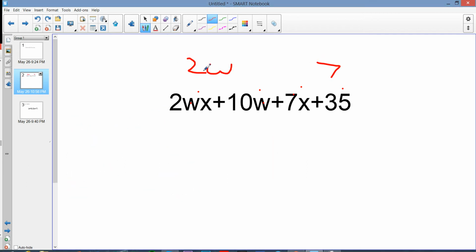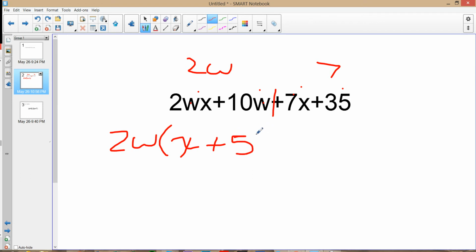So we're just going to common factor it, just like common factoring normally, out of each of these pairs of terms. So the 2w, and in the bracket, we need to take 2w out of this term right here. We're left with x, and we need to do it out of this term right here. So we're left with 5.